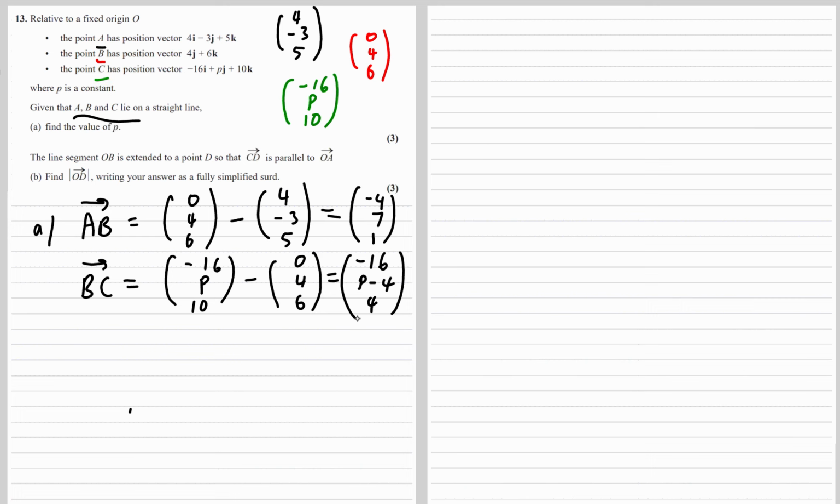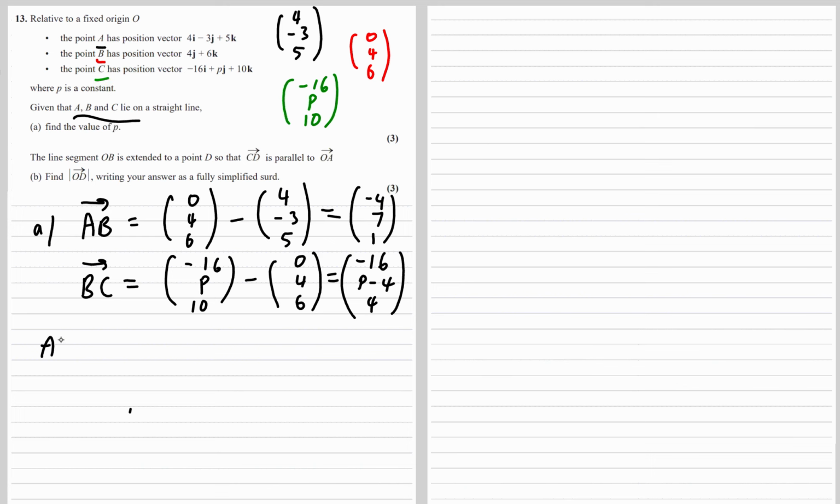And I know these two must be in the same direction, so A to B and B to C are in the same direction. That means one's a multiple of the other. By looking at it, I want to multiply by 4.